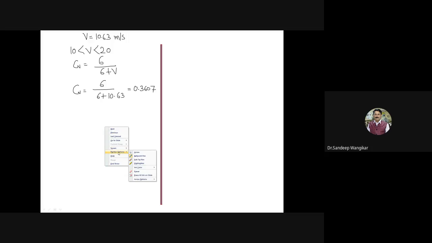Then let us calculate P effective. P effective is equal to CS PT by CV. So I will say CS 1.5, PT value 2.12 into 10 raised to 3, divided by CV value 0.3607.